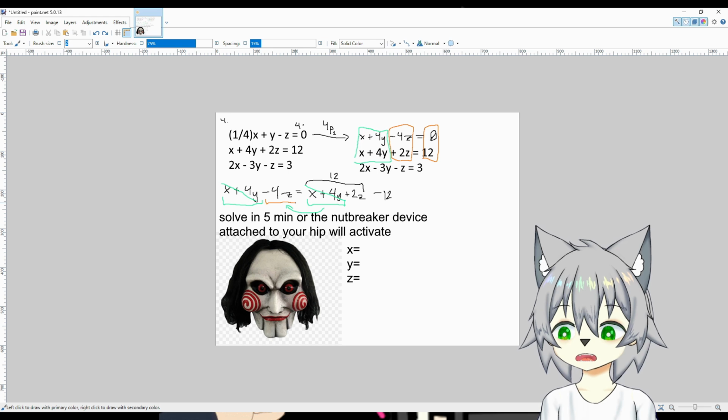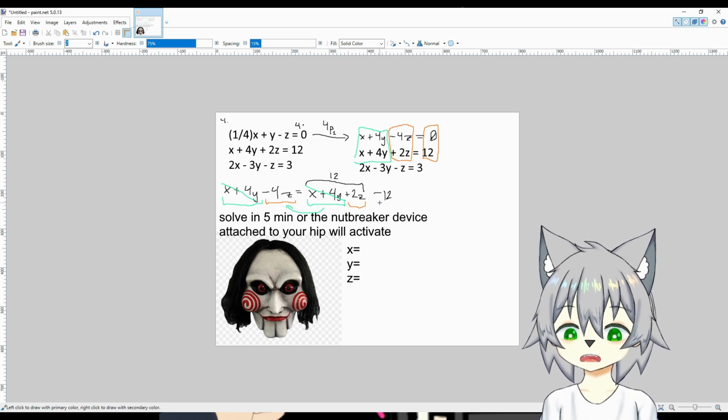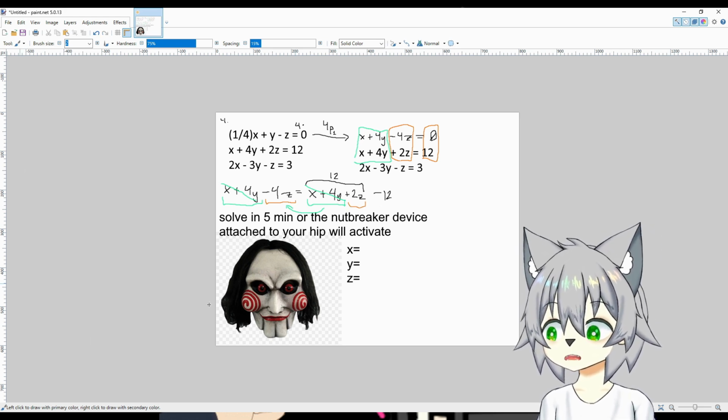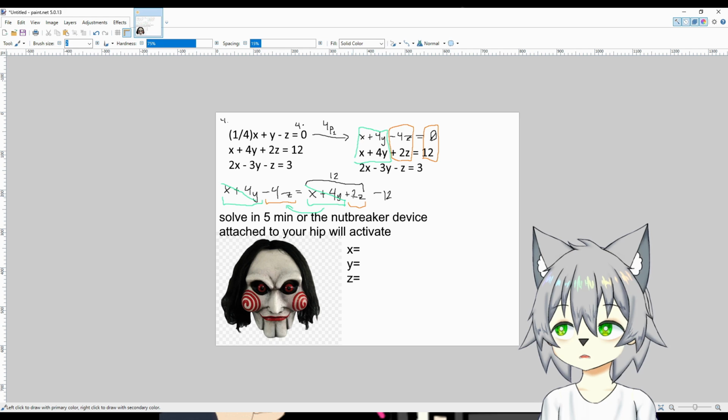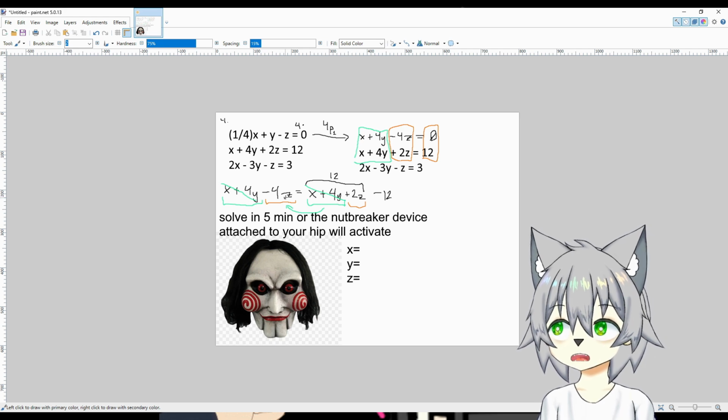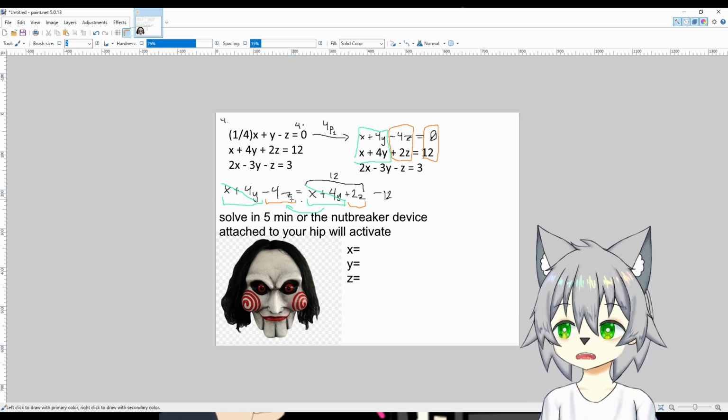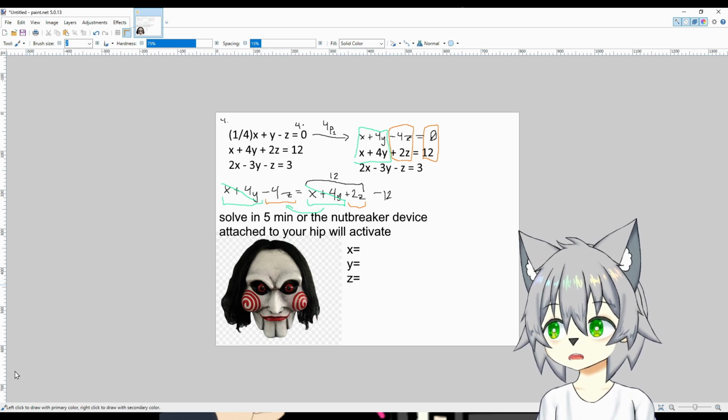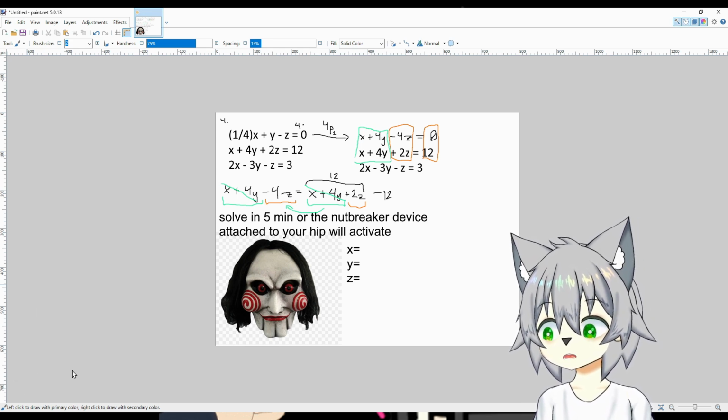Let's move the z all onto one side. Because the result, we're subtracting 2 from this, we get 6, and then minus 12.